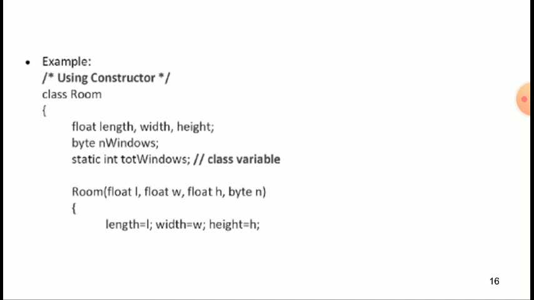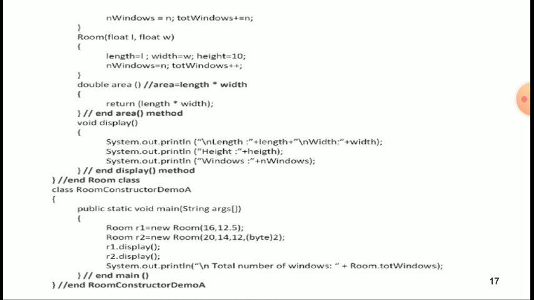Class Room, starting curly brackets, float length, width and height, byte number of windows, static int totalWindows, that is a class variable. Room(float L, float W, float H, byte n), length equals L, width equals W, height equals H, nWindows equals n, totalWindows plus equals n, end of the curly brackets.